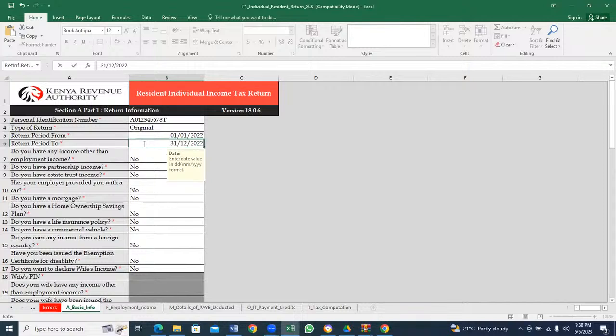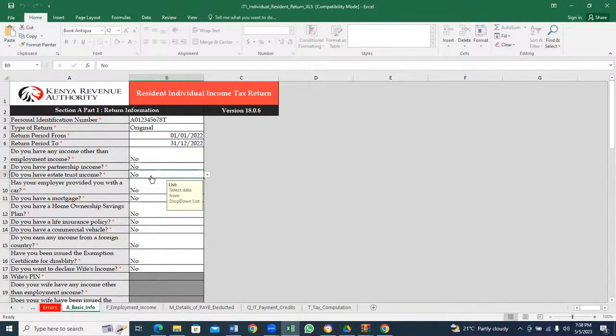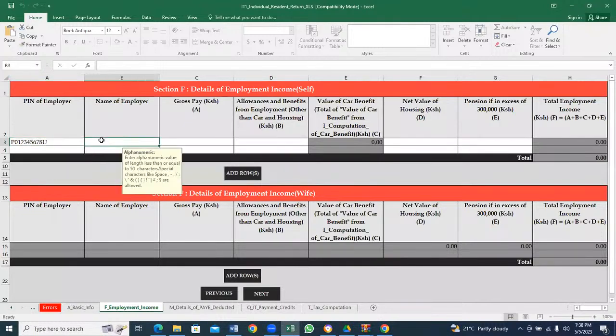We are filing for somebody who earns 24,000 and below, right? So yake ni hapa, yake ni rahisi, atakuja hapa kwa employment income, aweke pin ya employer, aseme employer wake ni ABC Limited. I hope you are following.